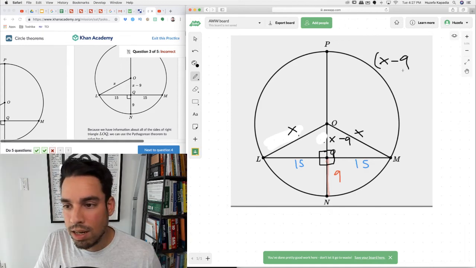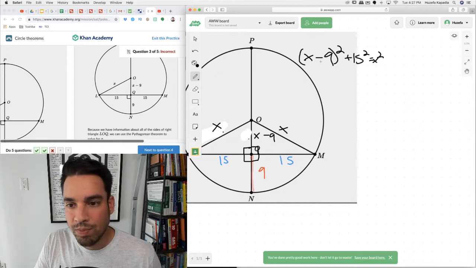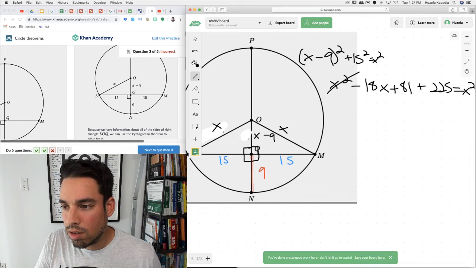So then it's X minus 9 squared plus 15 squared equals X squared, right? This squared plus this squared equals this squared. And then we can just simply do the algebra. So this becomes X squared minus 18x plus 81. 15 squared is 225 equals X squared. These guys cancel out, and then these guys combine.